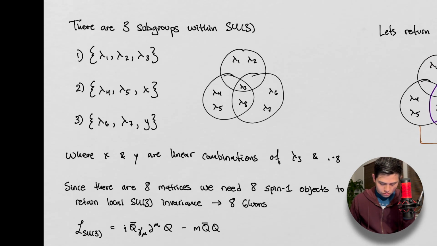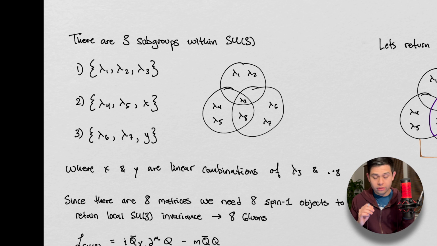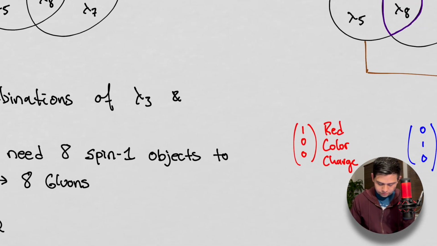So there are 3 subgroups within SU3, okay? These guys here, and these guys here, where X and Y are linear combinations of lambda 3 and lambda 8. This got erased. I'll write that again.